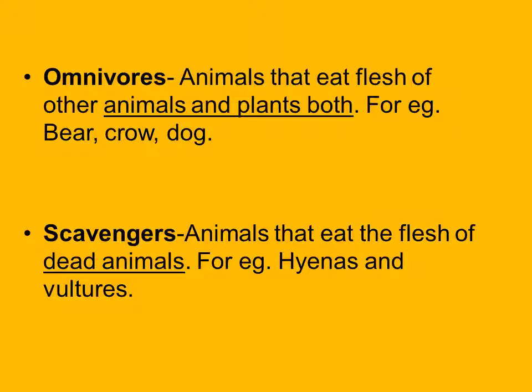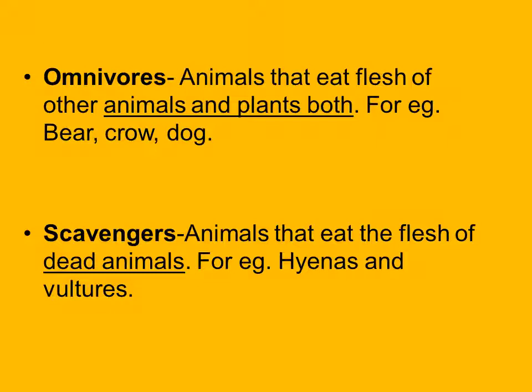That is what these scavengers feed on. They themselves do not hunt another animal. They do not act as predators. They rather depend upon the remains left after the feeding of a carnivore animal.